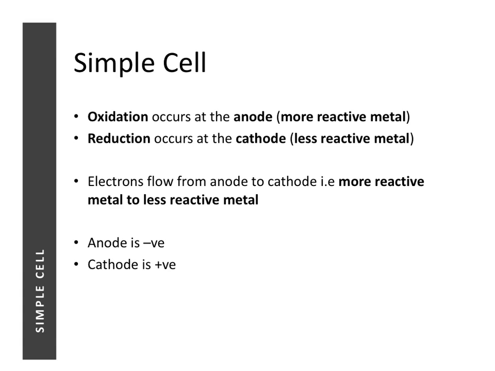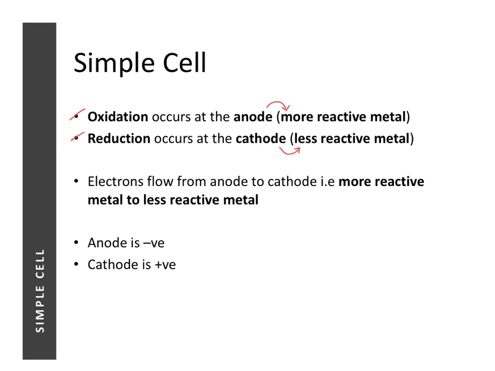Regardless of whether you look at an electrolytic cell or a simple cell, oxidation always occurs at the anode. Reduction always occurs at the cathode. Specific for your simple cell, your anode is always the more reactive metal. Your cathode is the less reactive metal.